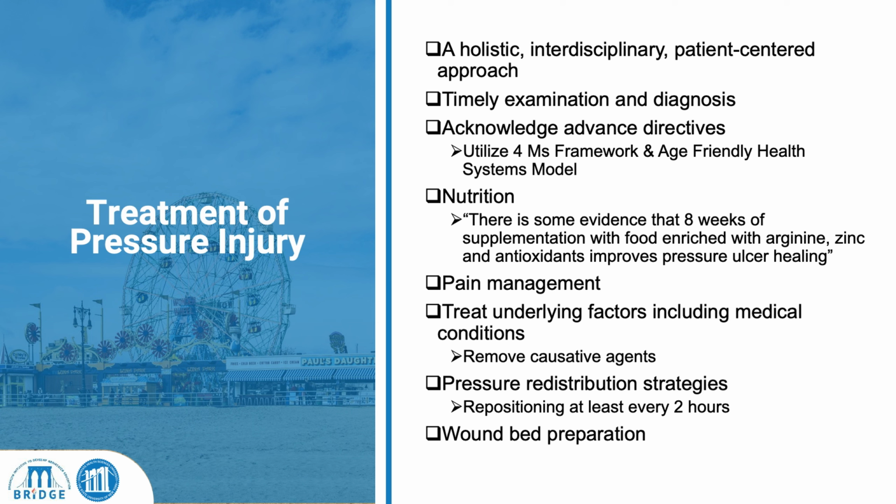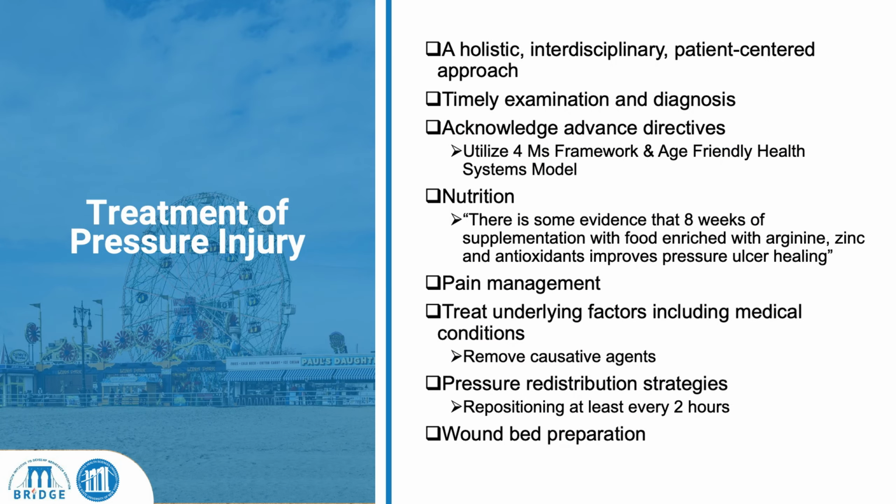Pain management is indicated where pain is present, and it's strongly recommended to treat underlying precipitating factors, including medical conditions. Specifically, remove causative agents or insults. Pressure redistribution is strongly recommended. Therefore, repositioning of the older adult at least every 2 hours is recommended.